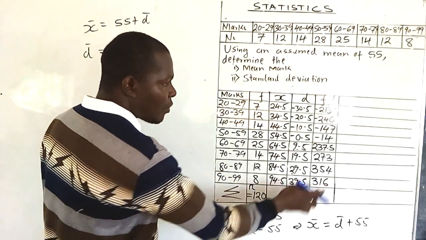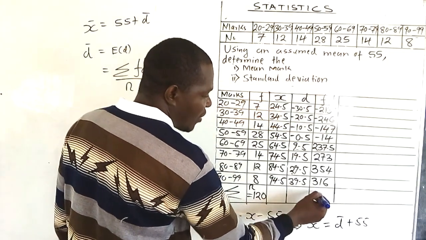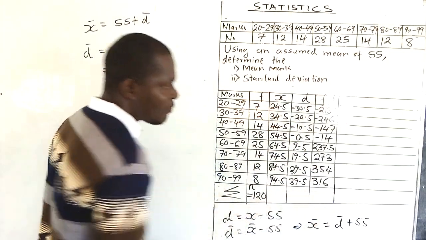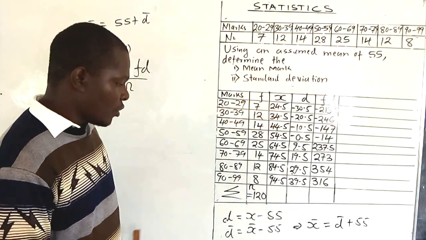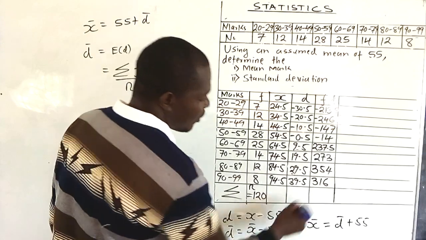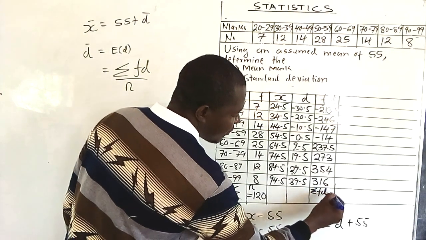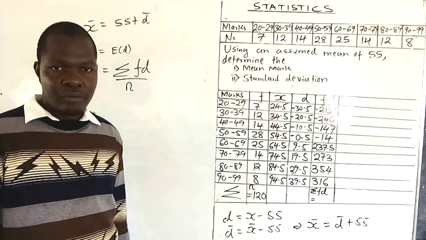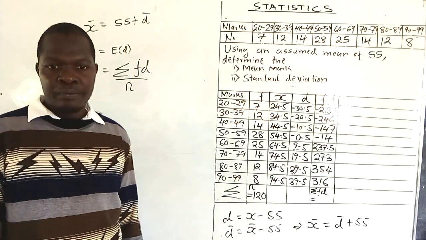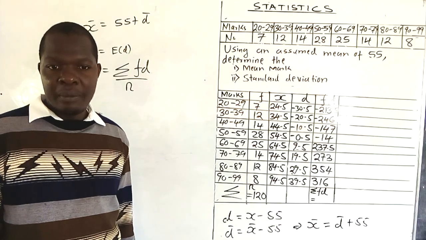So we want to sum all the fd's. If you sum all the fd's, what do you get? If you add all the fd's, this column is for summation. So when you sum up all the fd's, what do we have? You know, sum them.